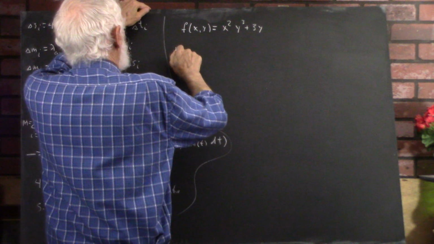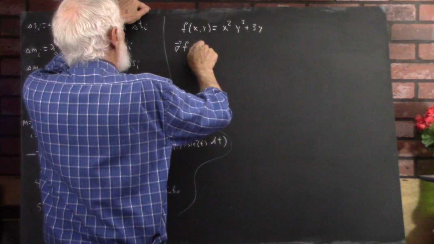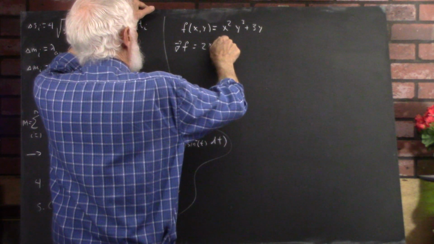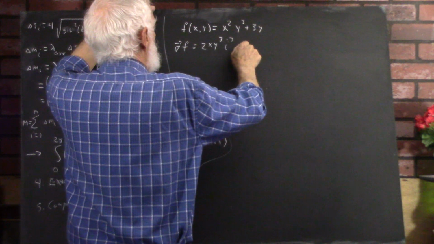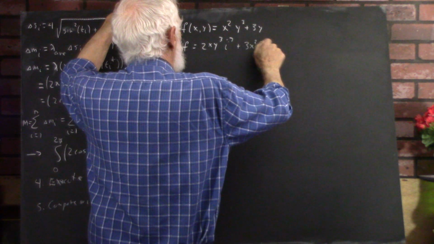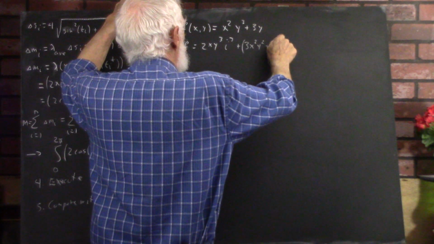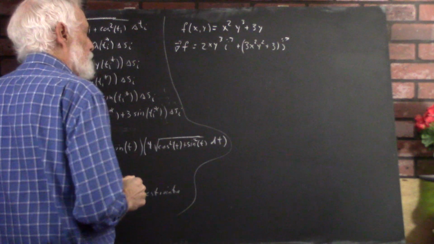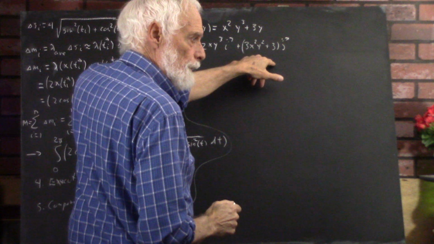Then the gradient of f, very easy to calculate, so I probably screwed up, but it's (2xy cubed) i plus (3x squared y squared) plus 3j. Okay, so there it is.